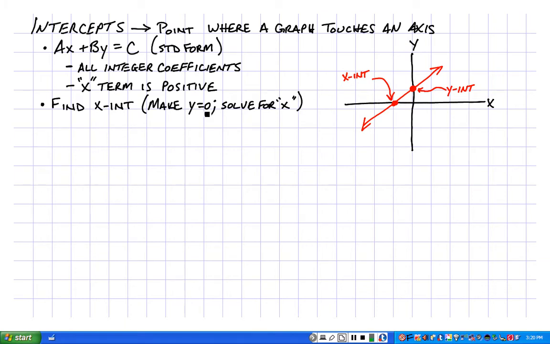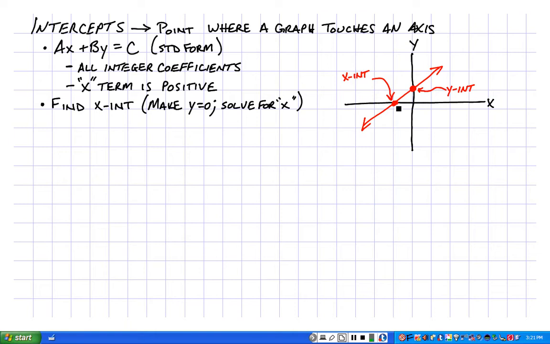So why do we say y is 0 when we find our x-intercept? When we find our x-intercept, we're saying that the graph is touching the x-axis at some point, and anytime you're on the x-axis, your value for y is always 0.